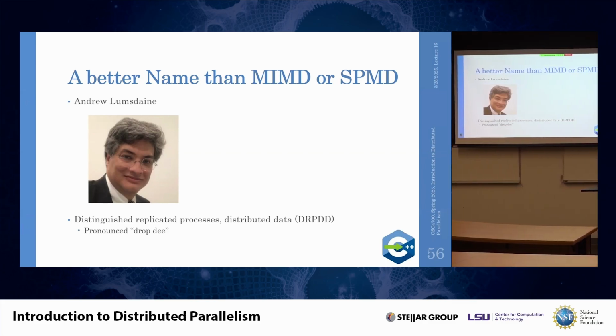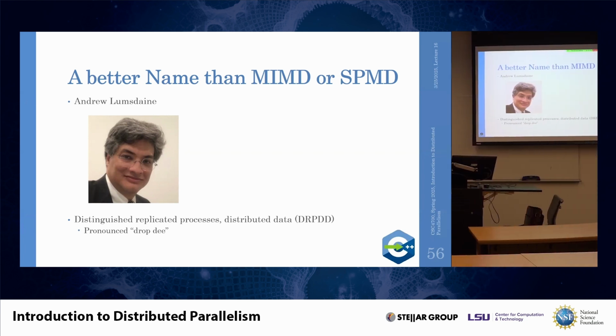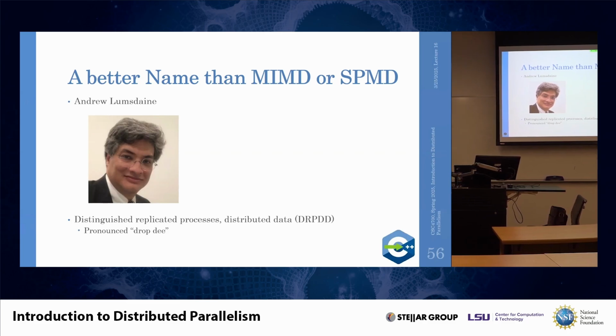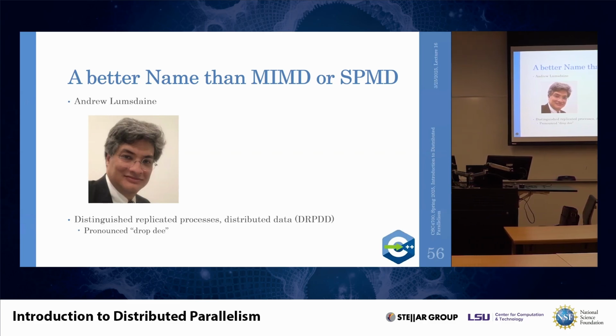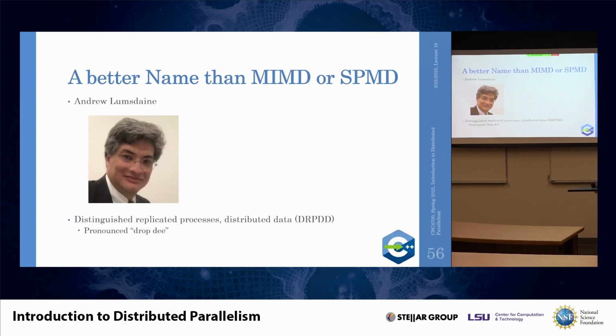He said, okay, SPMD doesn't sound right. I need my own abbreviation. I need to be famous, right? I need to come up with something that everybody will remember me by. And he said, okay, why don't we call it distinguished replicated processes with distributed data? Because he likes these acronyms, he called it DROP-D. Not drop dead, DROP-D, okay?